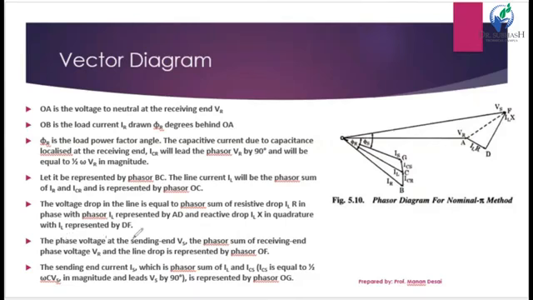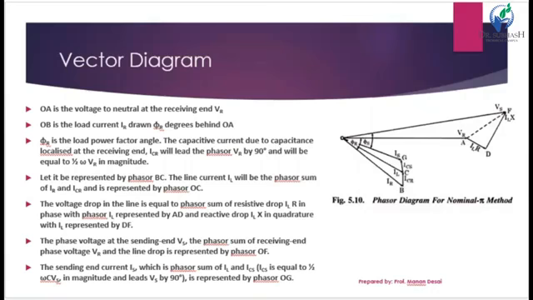The phasor voltage at the sending end, VS, is the phasor sum of the receiving end VR plus ILR plus ILX. So VS is the resultant vector of VR, ILR and ILX. So this is the vector diagram of the nominal pi method.